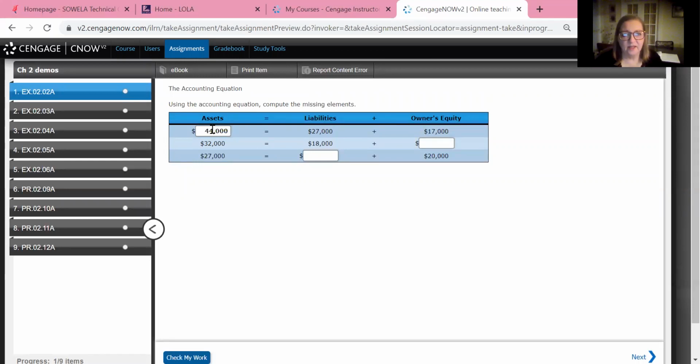And for owner's equity, if we know assets is 32, we can subtract 18,000 from both sides.